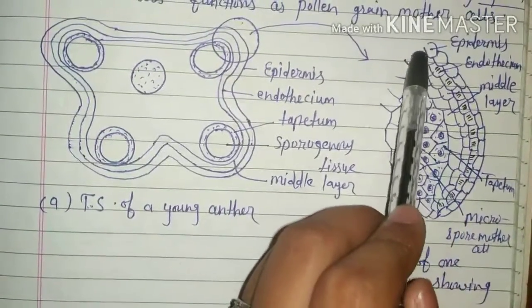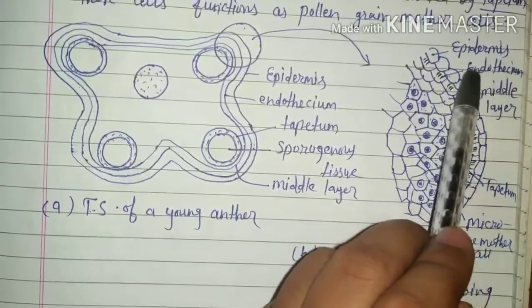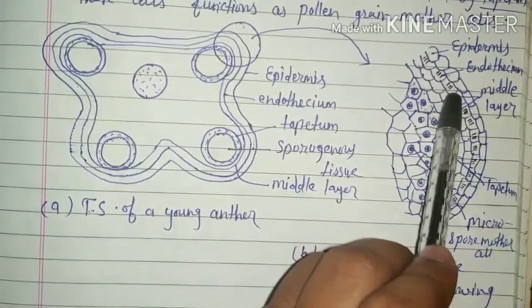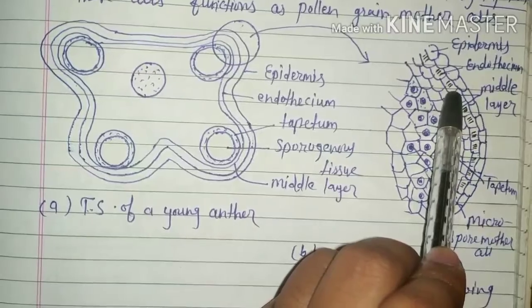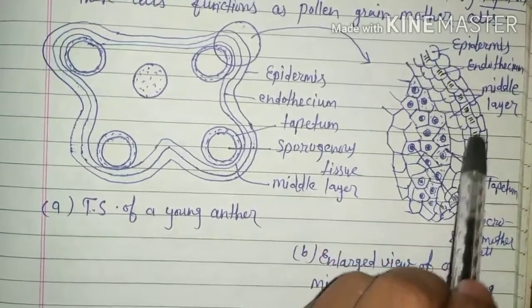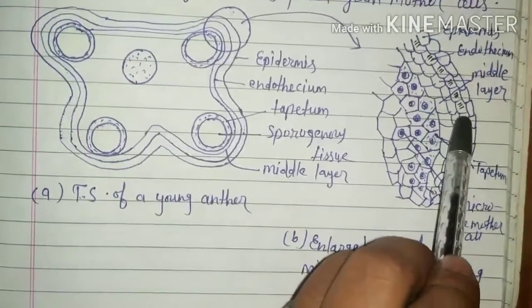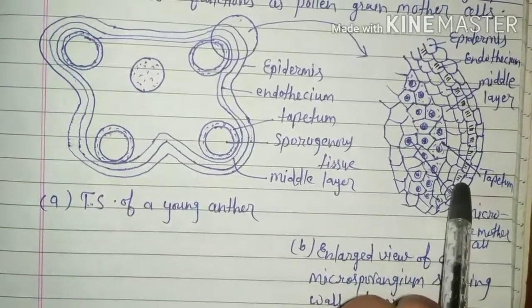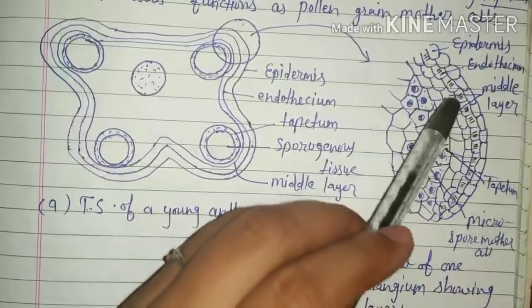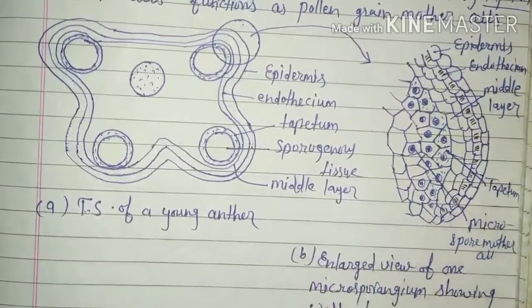Below the epidermis, endothecium layer is found. It is also single, and it is also called fibrous layer due to deposition of alpha cellulose contents. It shows U-shaped strips.